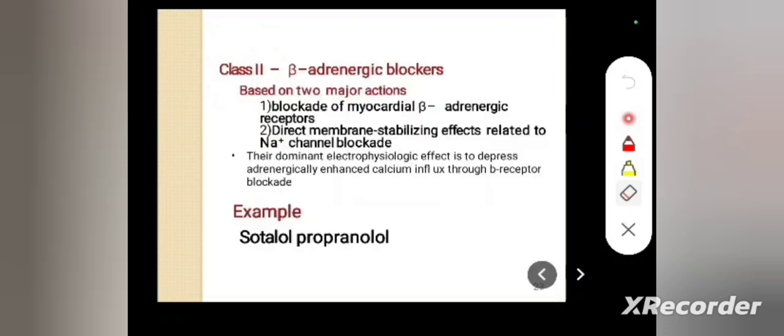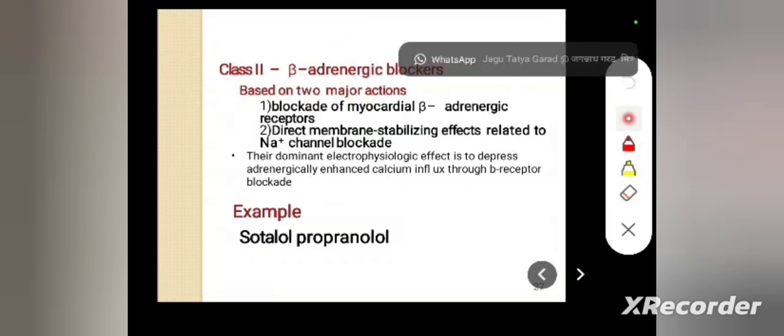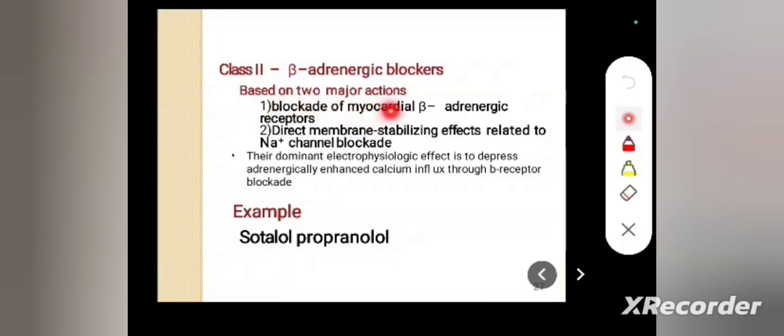Next class of antiarrhythmic agents is class 2, beta blockers, based on two major actions: blockade of the myocardial beta adrenergic receptor, and a direct membrane stabilizing effect related to sodium channel blockade. Remember this one point: these beta blockers show antiarrhythmic activity by depressing the calcium influx through inhibition of the beta receptors.